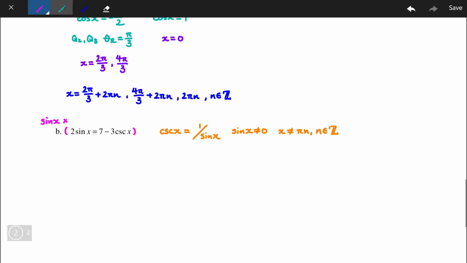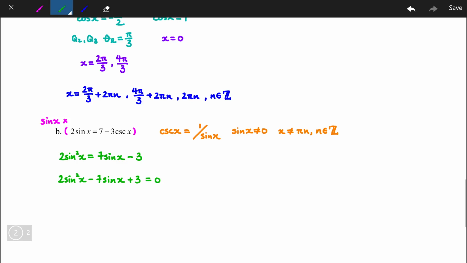Okay, so with that taken care of, we can multiply both sides now by sine x as planned. The left-hand side will become 2 sine square x. The right-hand side will now be 7 sine x, and then minus 3. So again, we have a quadratic expression in terms of sine x. Let's move everything to the left-hand side. So we have 2 sine square x minus 7 sine x, and then plus 3.